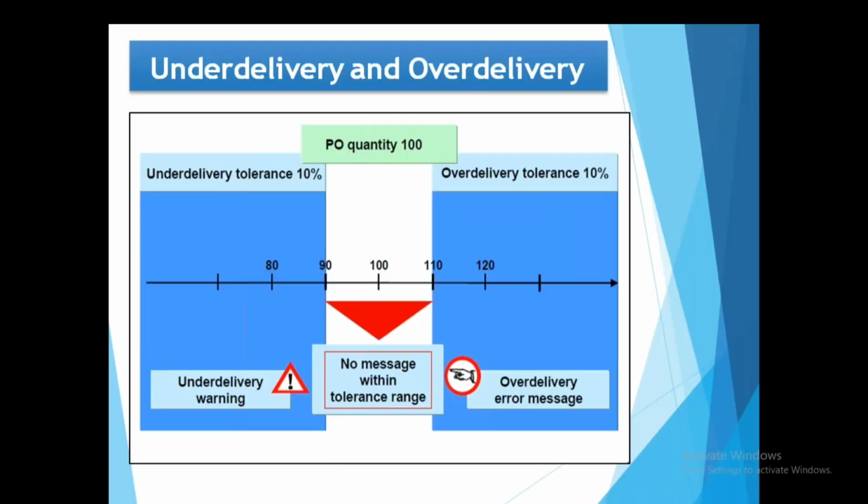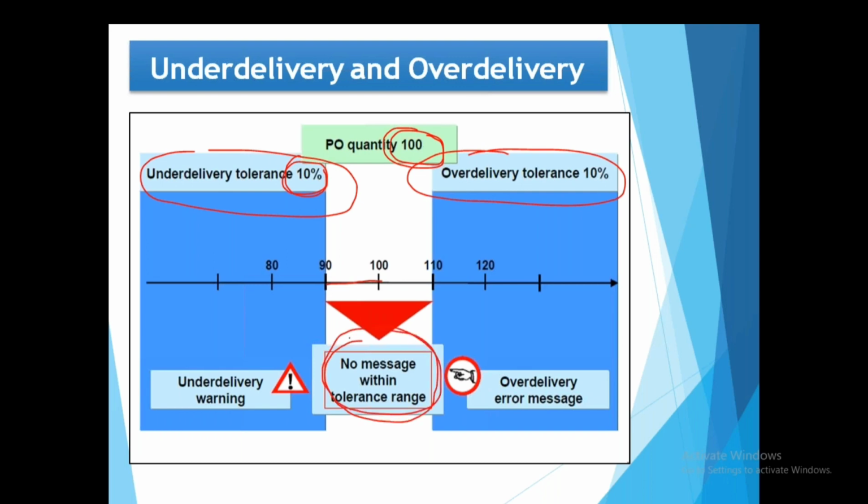In the system you can maintain an under delivery percentage and an over delivery percentage. Let's say your PO quantity is 100. If your under delivery tolerance is 10, up to 90 the system will not give you any messages.